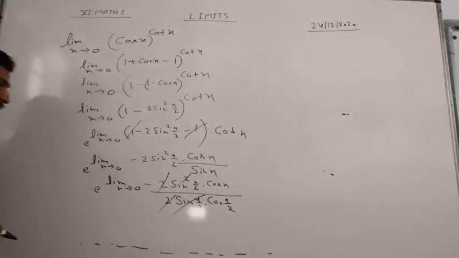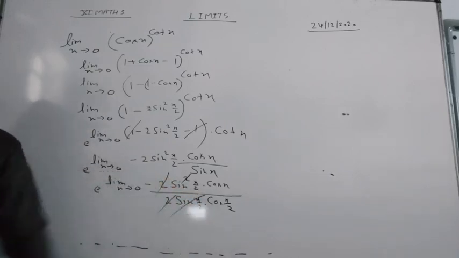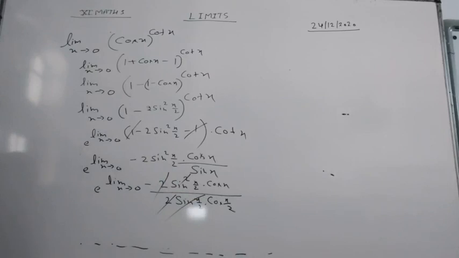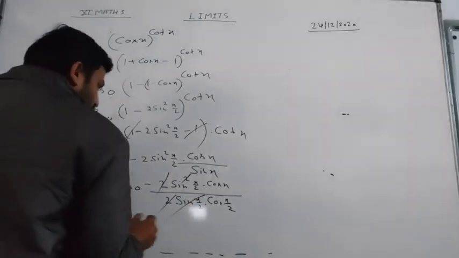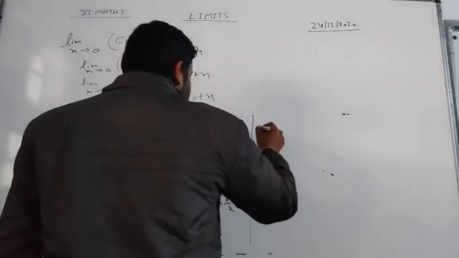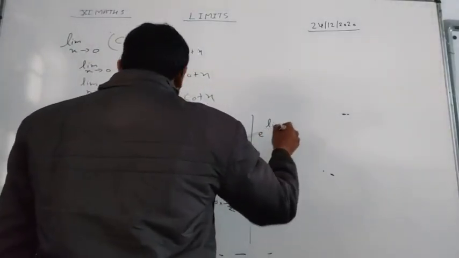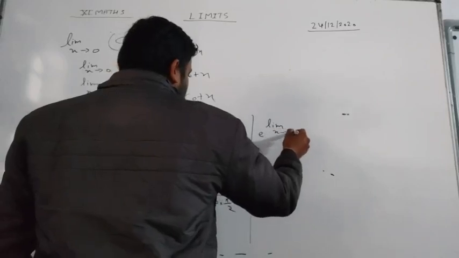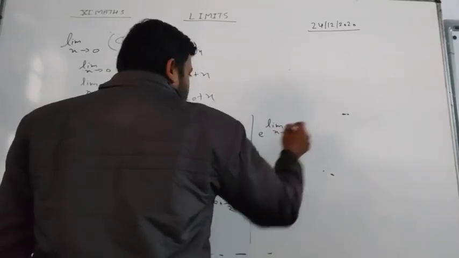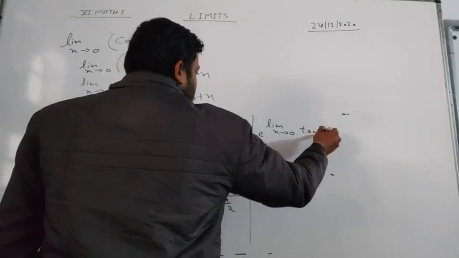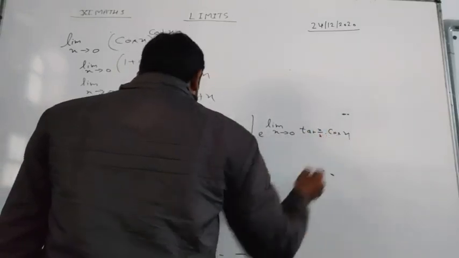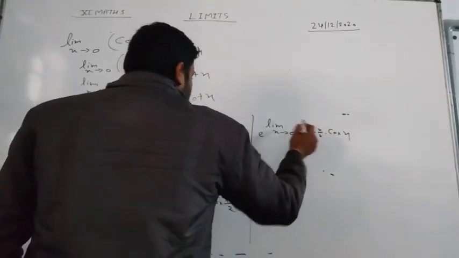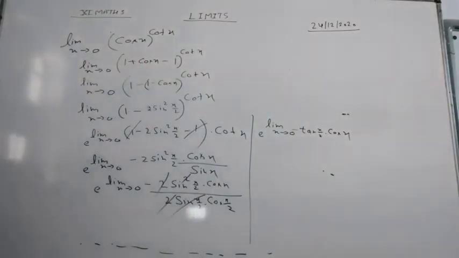The remaining term is e to the power sin x by 2 by cos x by 2. This can be written as, student, e to the power limit x tends to 0, this is tan x by 2 into cos x, and this is our negative sign.